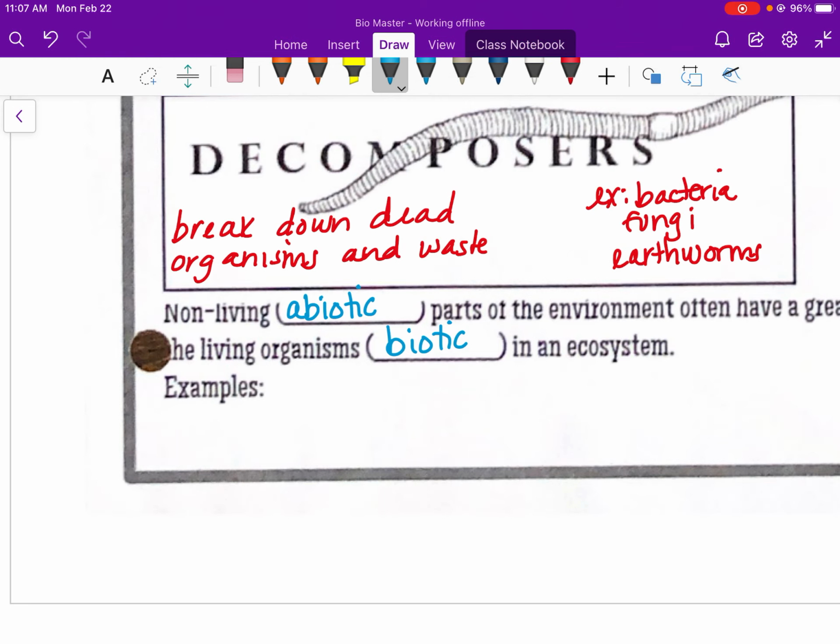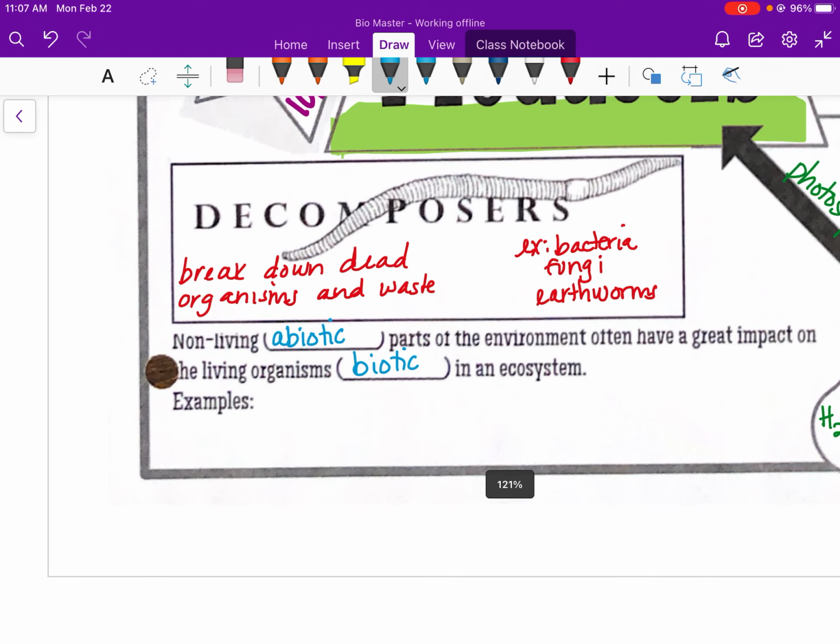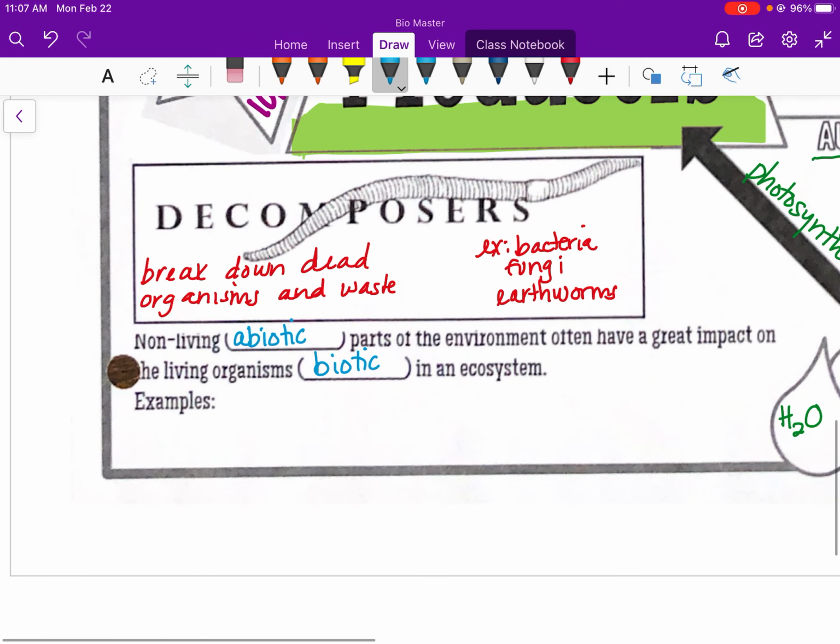Last but not least, we're going to go with the abiotic and biotic parts of an ecosystem. So non-living parts of the environment often have a great impact on the living organisms in an ecosystem. So examples of this would be hot temperatures.